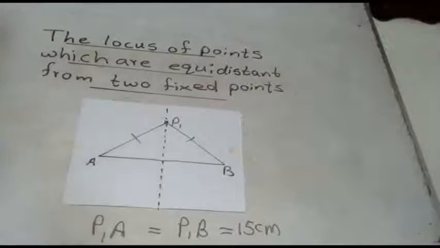Mark several more points on the dashed line and measure and write the distance from A and B of each of these points.